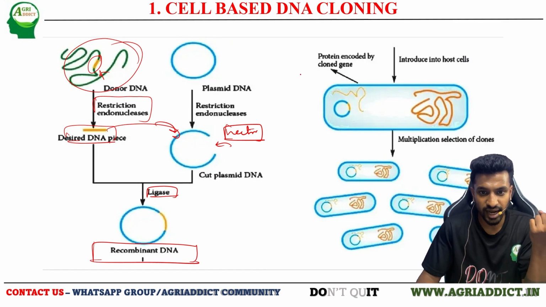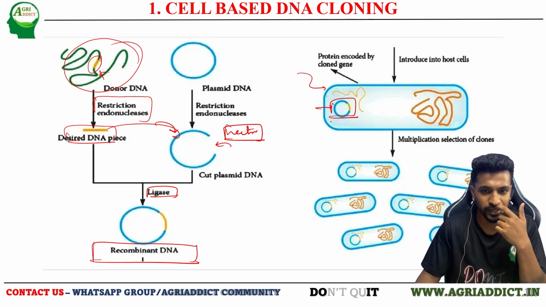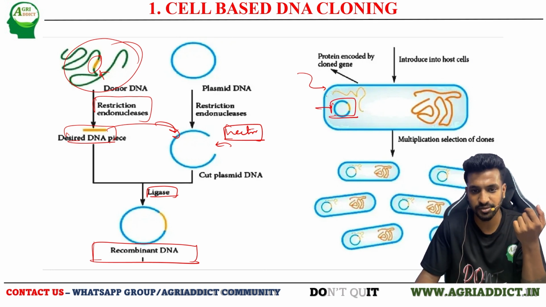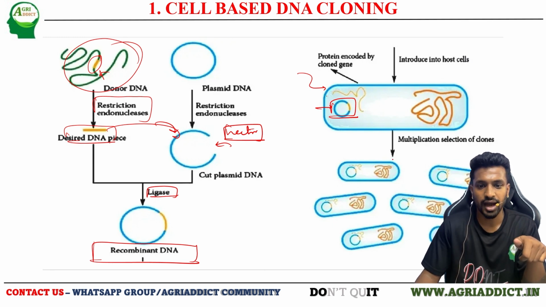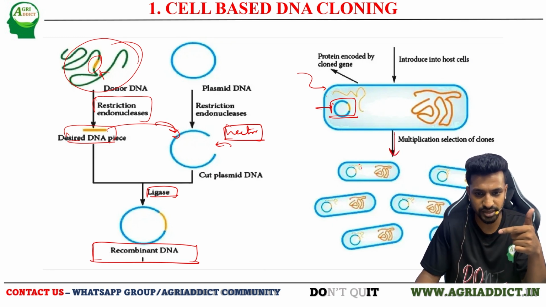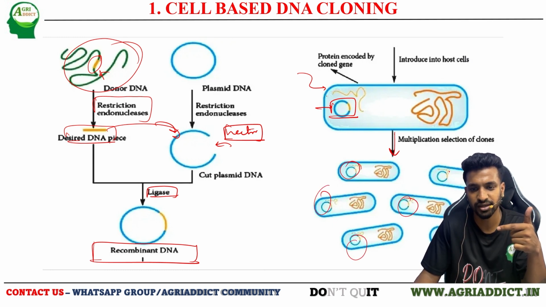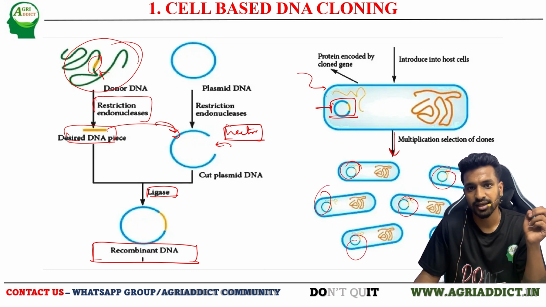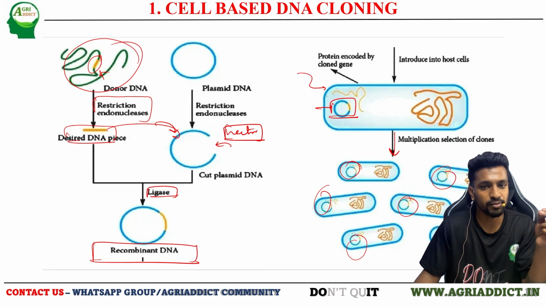After that, I transfer this recombinant DNA into the host. Here you can see that the complete plasmid, which is the recombinant DNA, has been introduced into the host. And after successful multiplication, as you can see, there are multiple copies of my gene of interest along with the plasmid, which I can later isolate and extract. Okay, this is about cell based cloning.